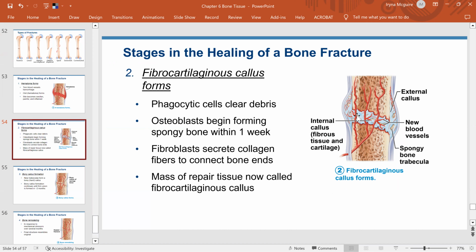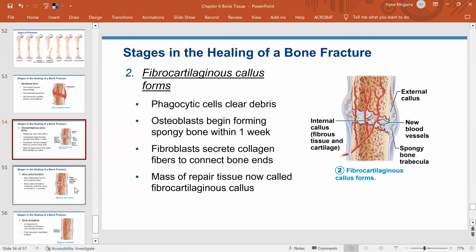You form this cartilaginous callus, but remember what happened with your cartilage. Cartilage became enlarged, so we have hypertrophy of the cartilage. So cartilage starts getting larger, starts secreting calcium. So the processes are very similar. And then cartilage starts dying, and it needs to be replaced by bone.